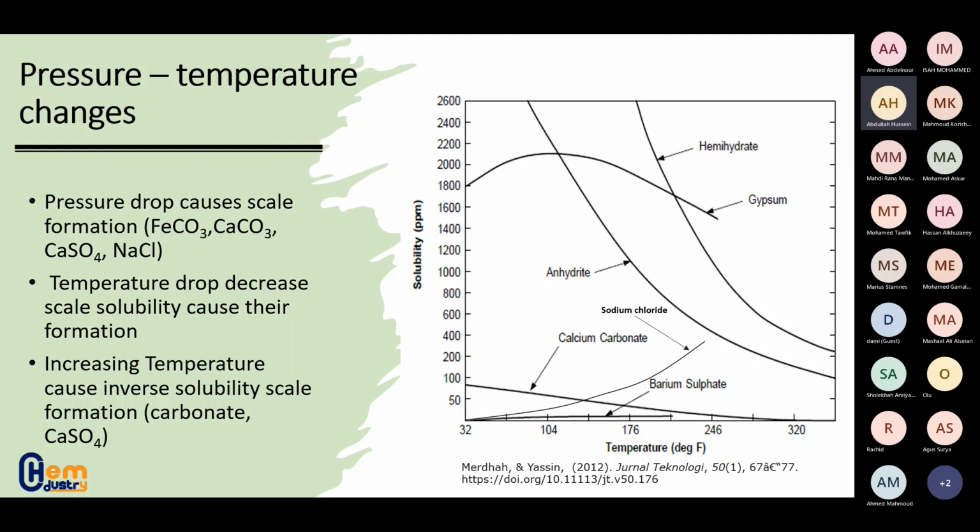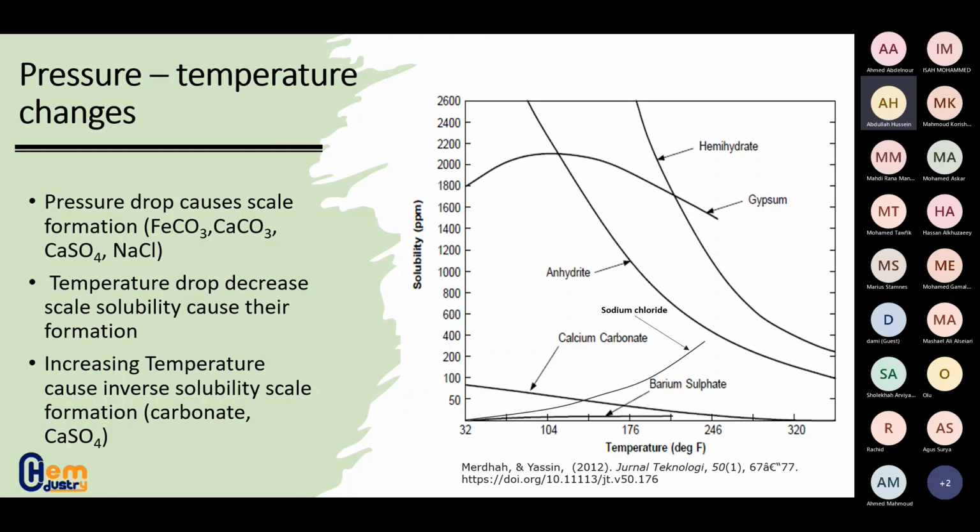Temperature drop can also cause the precipitation and deposition of a lot of scale. And the opposite is also happening: the temperature increase can also cause the deposition of some scale. These are called the inverse solubility scale, such as the calcium carbonate.